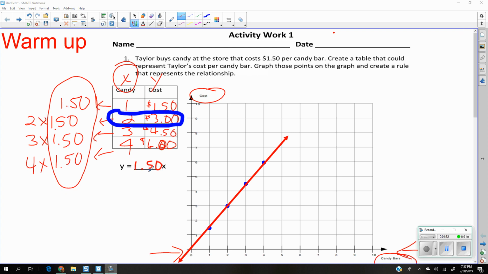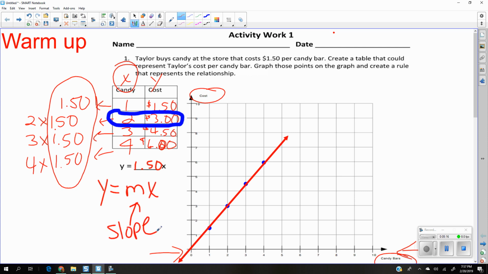So $1.50 times whatever x is gave us y. So this is the equation of a line. Y equals m times x, and m is the slope.